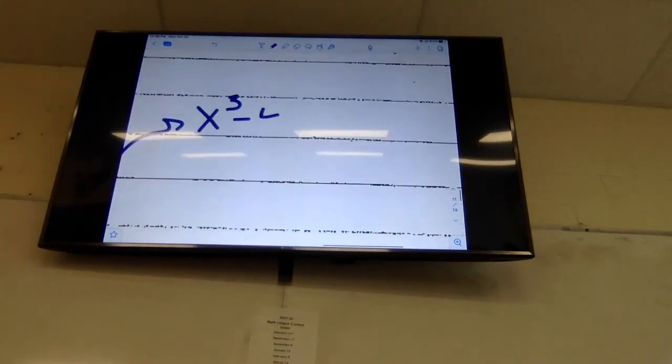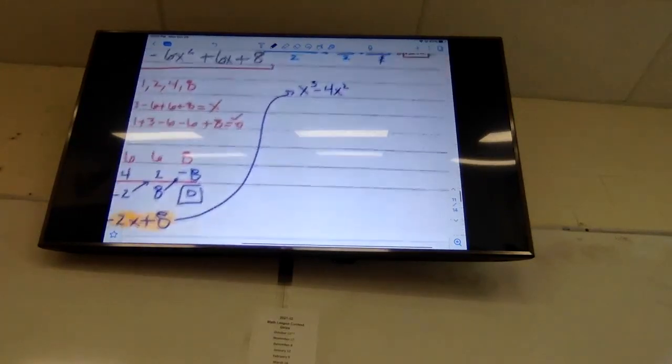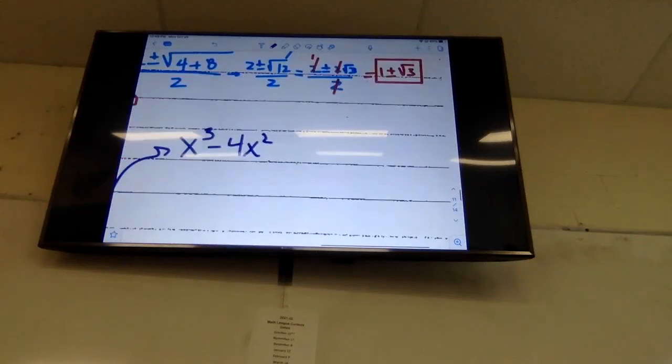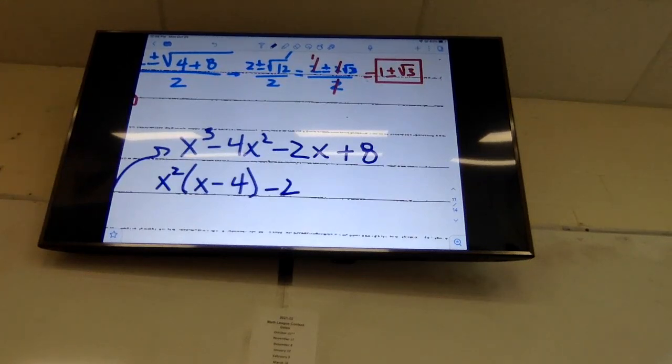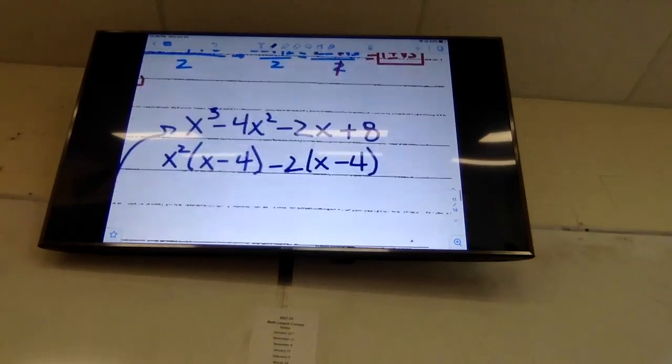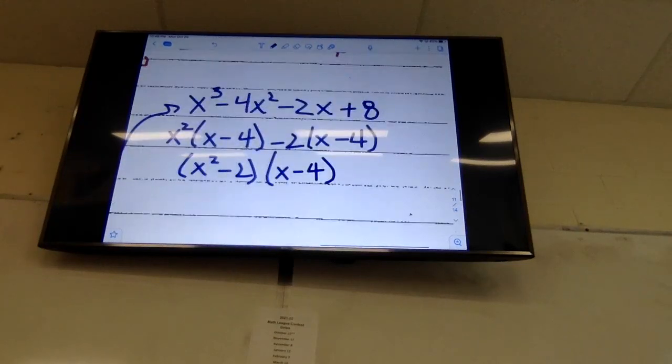X to the third minus 4x squared minus 2x plus 8. So that gives me x squared, x minus 4, minus 2, x minus 4. Okay, perfect. It's going great. And then since we factored it, it's working out so nicely, let's set those factors equal to 0.